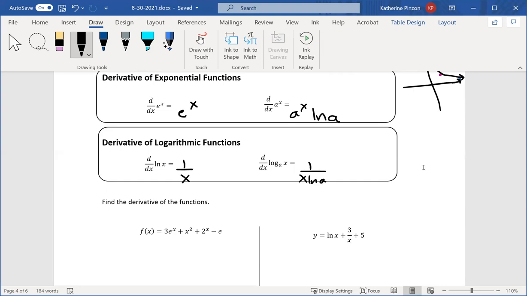So for instance, in this first problem, this first term is an exponential because the variable x is in the exponent. The second term, what rule am I going to use on that one? Power rule, because it's x to a power. All right, third term? Exponential. Yep, it's going to be an exponential with a natural log. Fourth term?